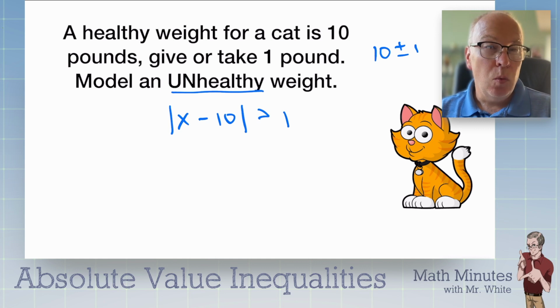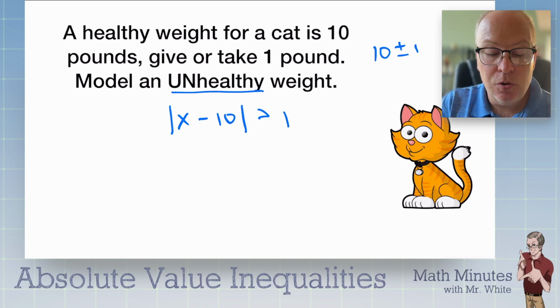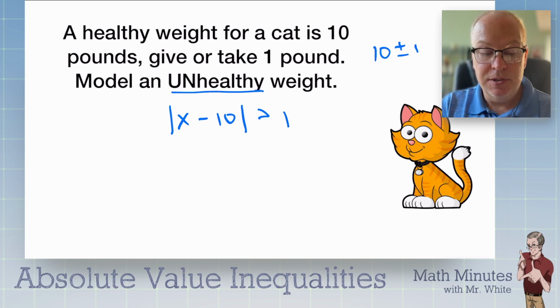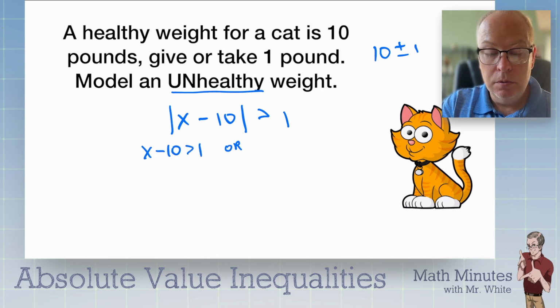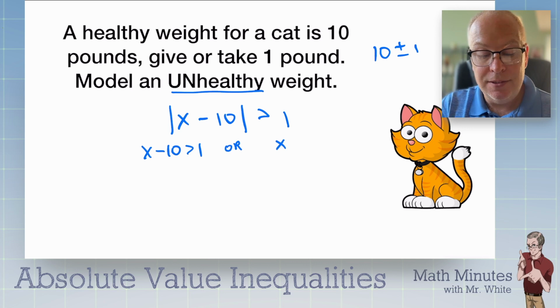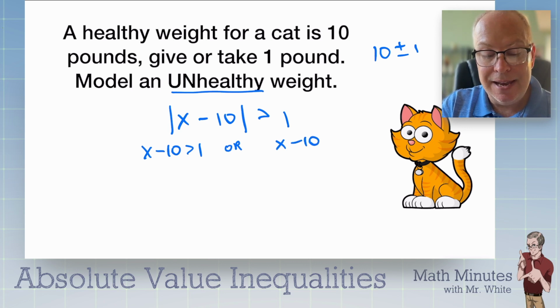If we're more than 1 pound away from 10, it's an unhealthy situation. Okay? So because this is a greater than symbol, this is an OR problem. So x minus 10 greater than 1, or there's more unhealthy weights over here. x minus 10 less than negative 1.